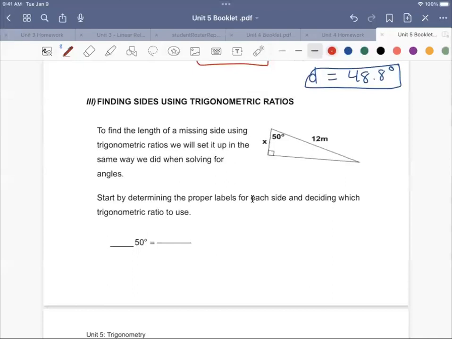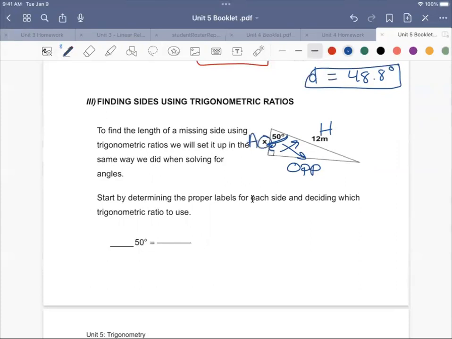So when I take a look at this one, again, first thing I'm always going to do is identify my angles or my sides. I know 50 degrees, but I don't know the opposite, so I have to use my 50 degrees as my spot. The opposite of that is unknown. The adjacent of that is x, which is the value that we're looking for.